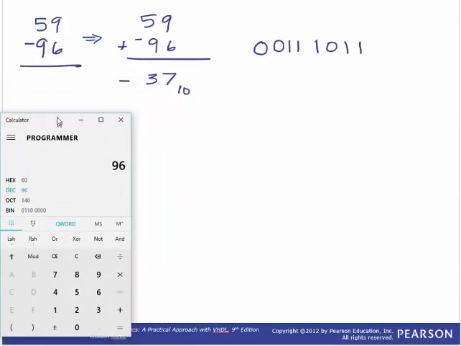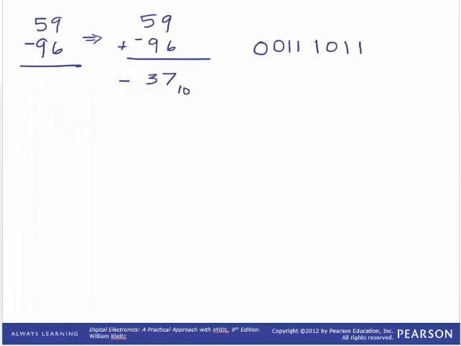Decimal 96 equals 0, 1, 1, 0, 0, 0, 0, 0. That's plus 96. So I want negative 96, so I have to find the 2's complement of that.